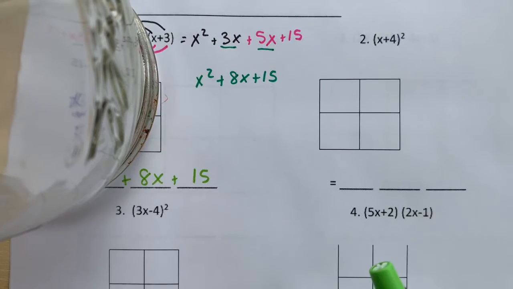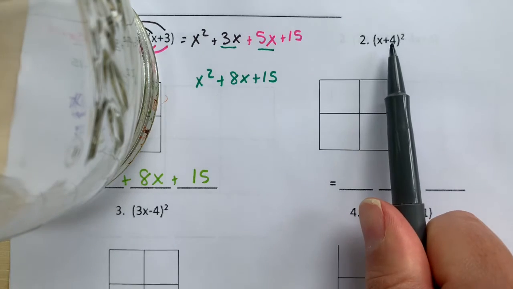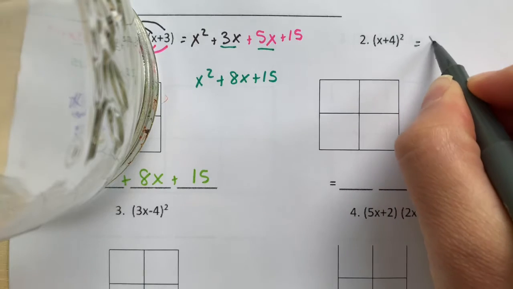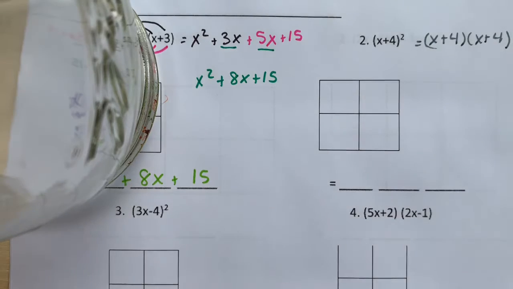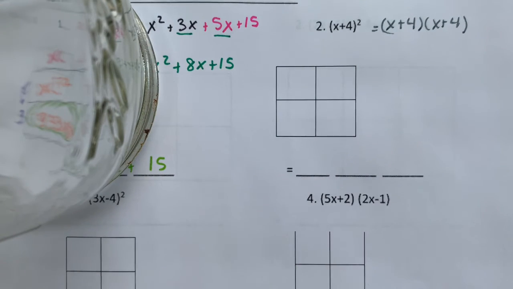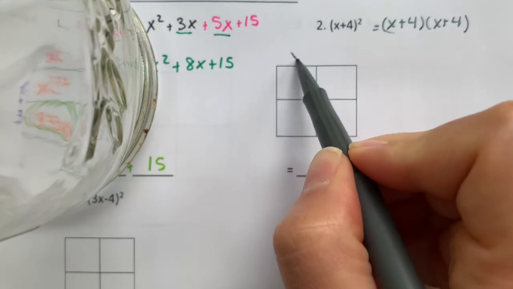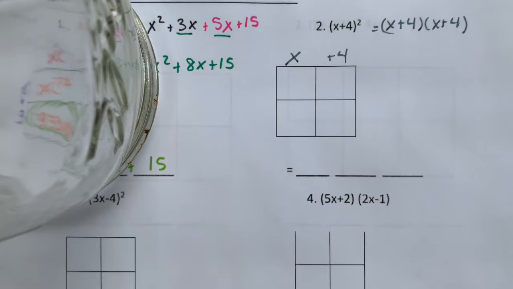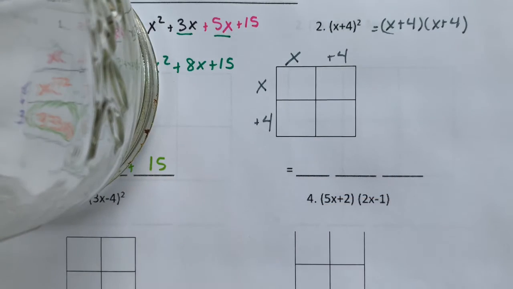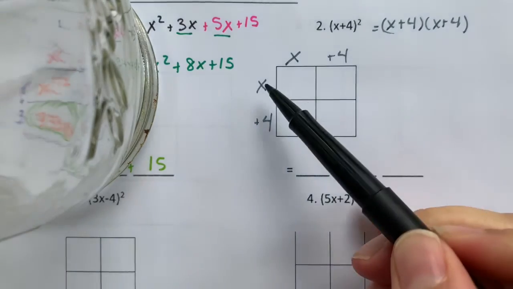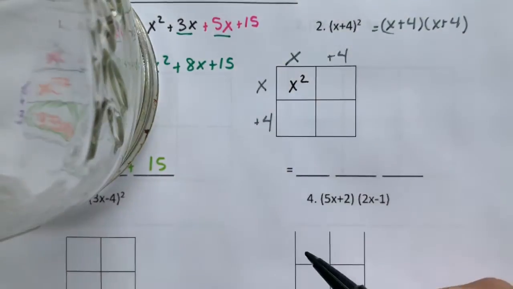So let's look at number 2. Number 2 is slightly different, only in that we have to rewrite this. This whole thing is x plus 4 squared, which really means that it is x plus 4 times x plus 4. So I'm going to do the box method first, just so that we can see what it looks like. So I'm putting in my x and my plus 4 on one side, and my x and my plus 4 on the other. Now, x times x is x squared.